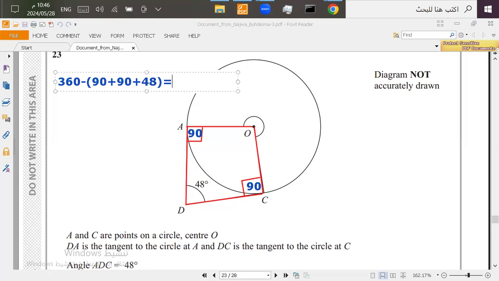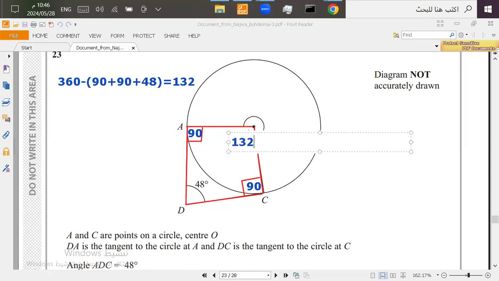By subtracting these angles from 360, you'll get the angle O or AOC. Now, let's subtract them. So 360 minus bracket 90 plus 90 plus 48. And the answer is 132. So this one is 132.